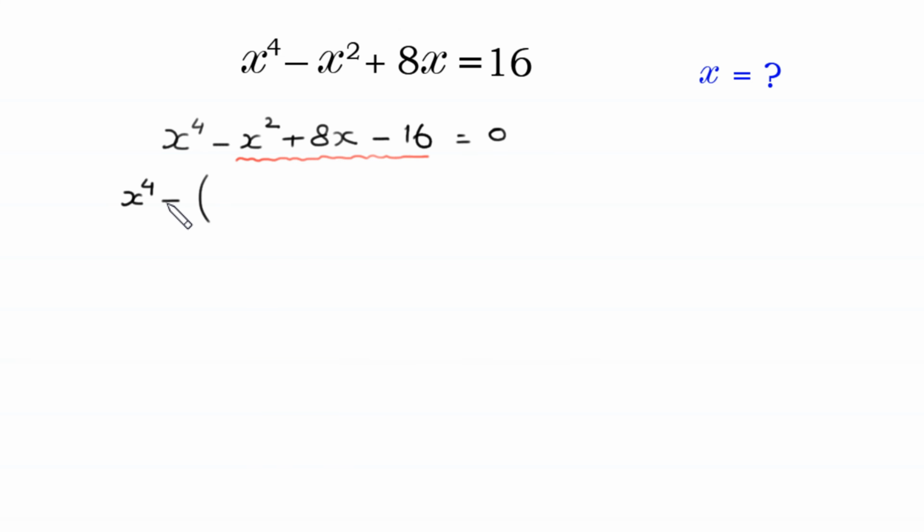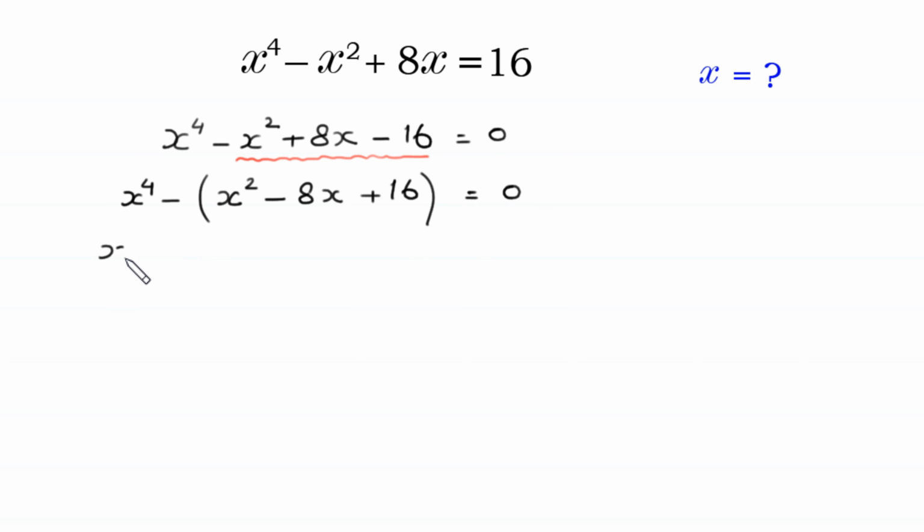Due to this minus, this negative x squared becomes positive x squared, and this positive 8x becomes negative 8x, and this negative 16 becomes positive 16 is equal to 0.